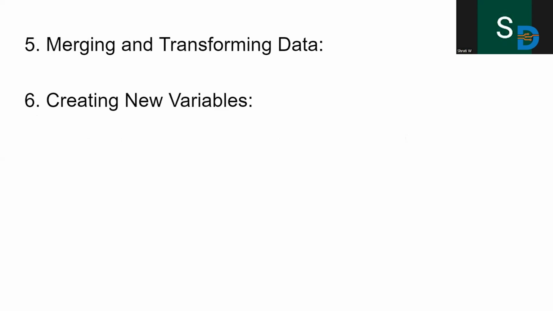Then the fifth one is merging and transforming data. Once your data is formatted consistently, you will need to combine data from multiple tables to create a complete data set for your analysis. You can do this using the JOIN operation in SQL, where you can perform an inner join, left join, and many more.